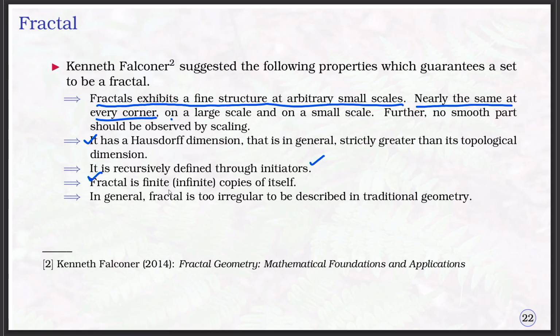A fractal has a finite, sometimes infinite, number of copies of itself. In general, a fractal is too irregular to be described in traditional geometry. So, if the set possesses all these properties, we can conclude the object is a fractal.